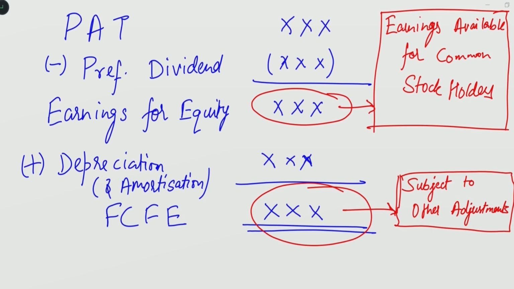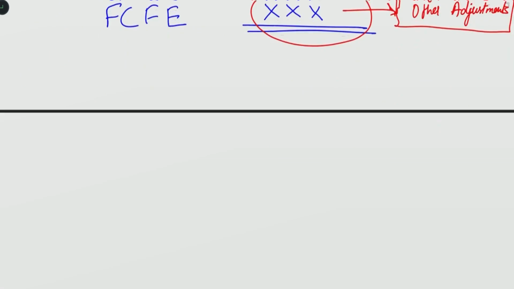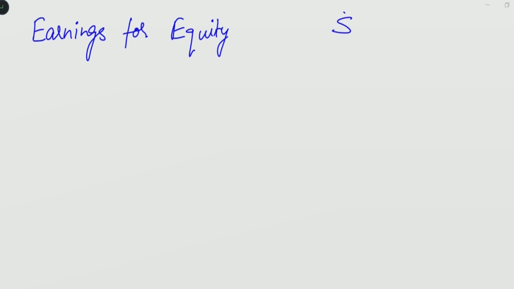Now, if I take you ahead and focus again on earnings for equity. Say earnings for equity is $40,000.